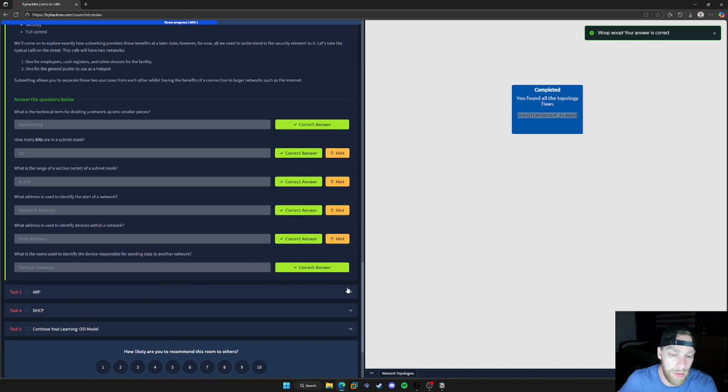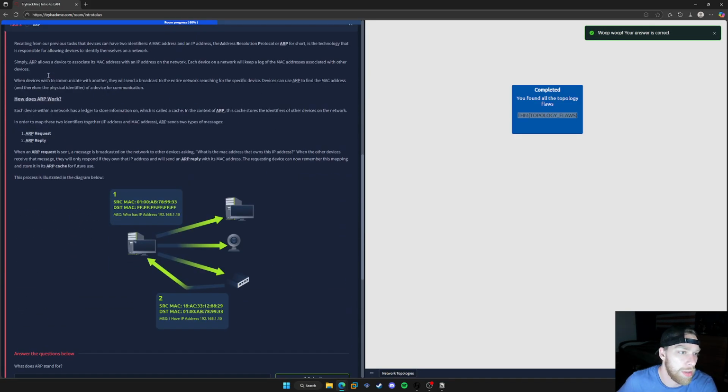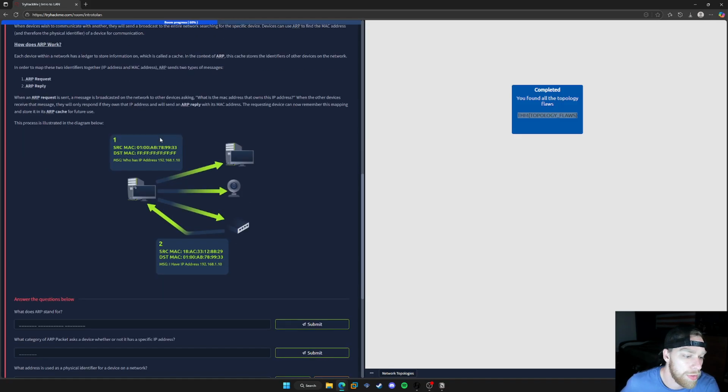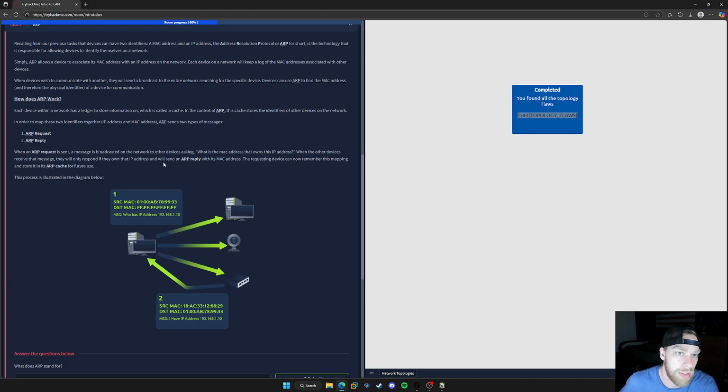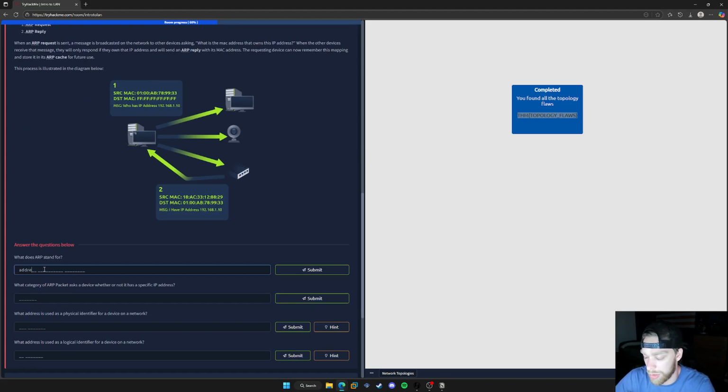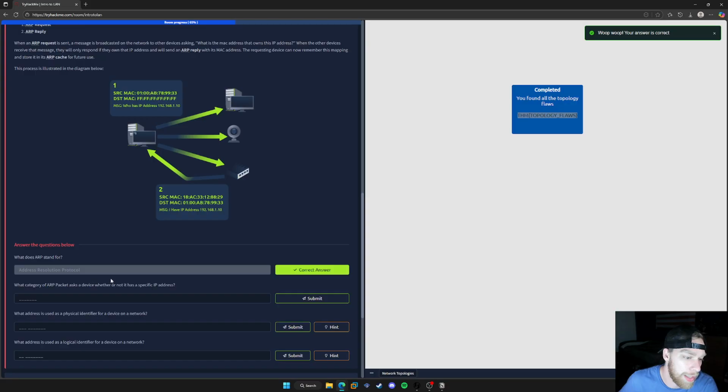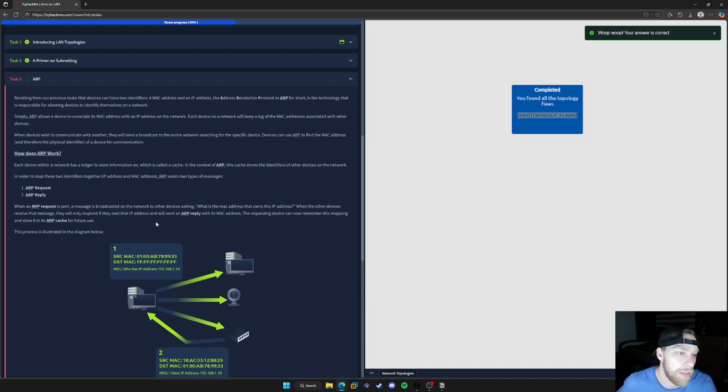Yep. Okay. ARP. So this is tying into your MAC address. So your Address Resolution Protocol is what ARP stands for. So you have all this. So just to answer that, Address Resolution Protocol. What category of ARP packet asks the device whether or not it has a specific IP address?